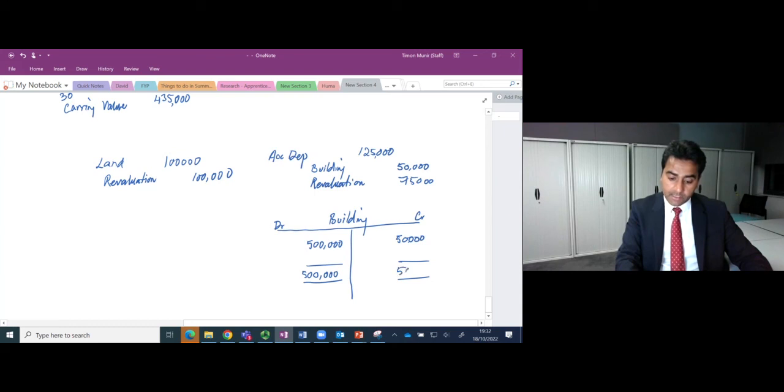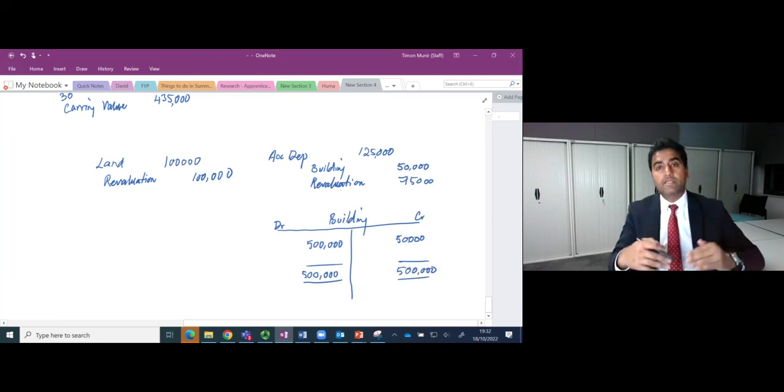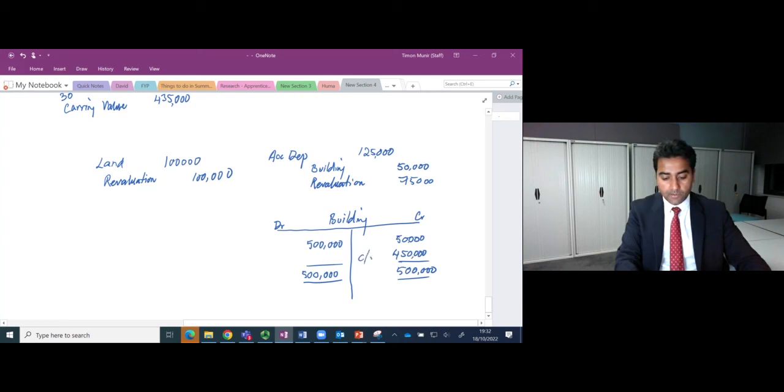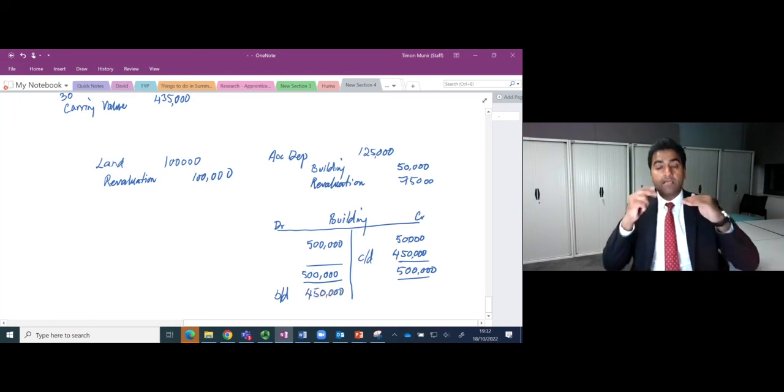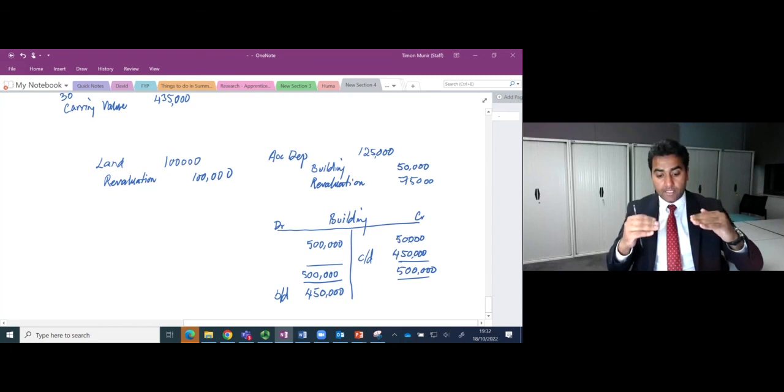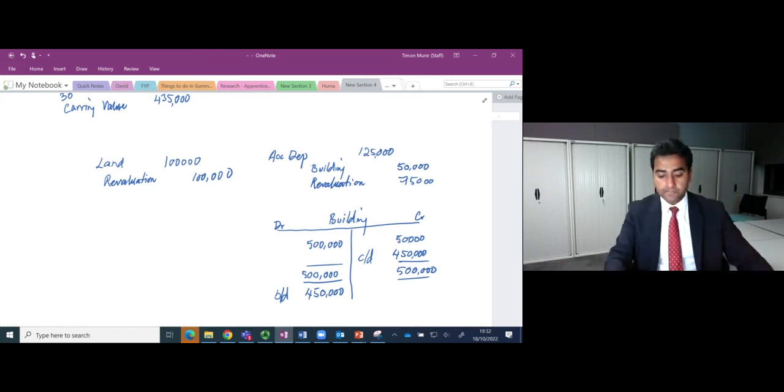Copy the same on the other side, £500,000. And the difference between 500,000 and 50,000 is £450,000. Carried down balance. And this will be the brought down balance, the opening balance for the next period, £450,000. So you can see the value of my asset has gone down from 500 to 450.